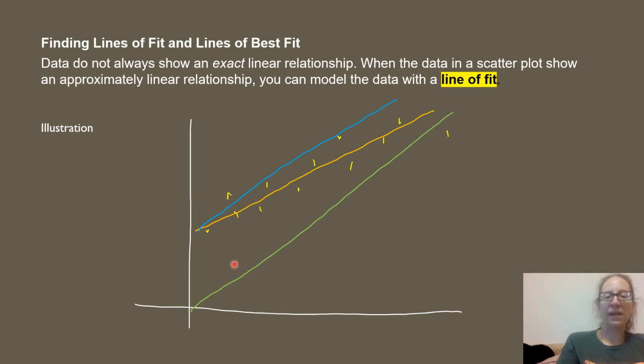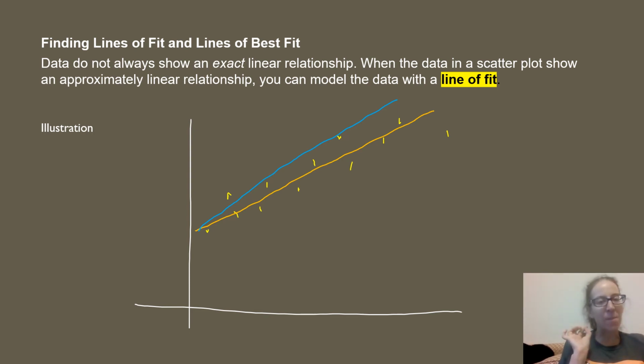My data is up here and the points on this line are down there, so that's not right. Now both the orange line and the blue line could be considered lines of fit, but often we're interested in the line of best fit. Like what's the best thing going on here? So the line of best fit here would be the orange one.